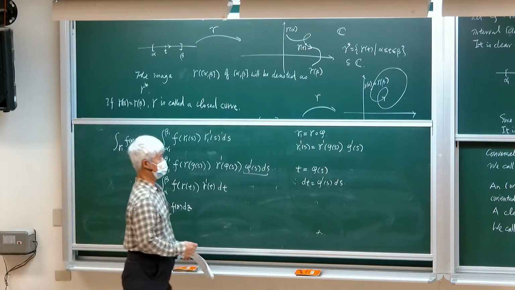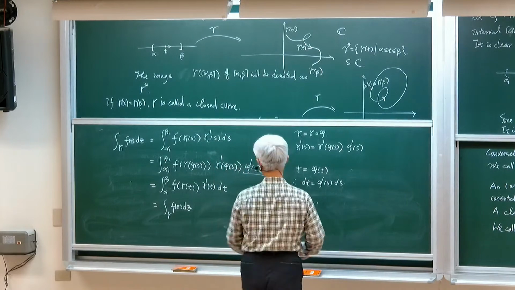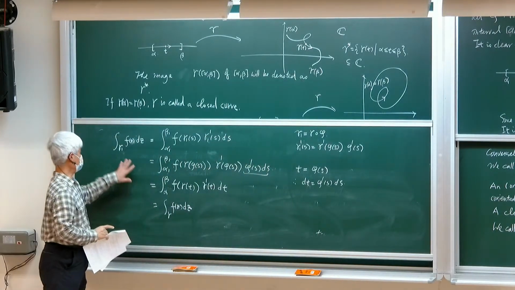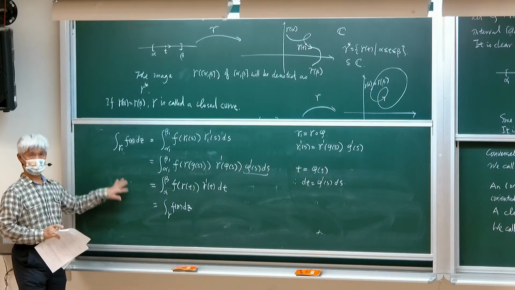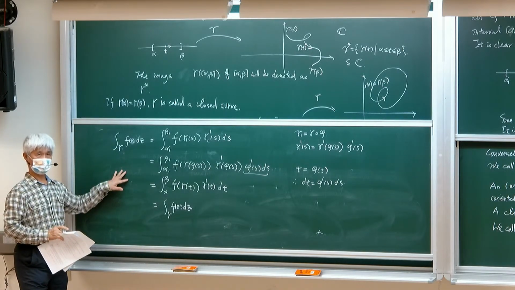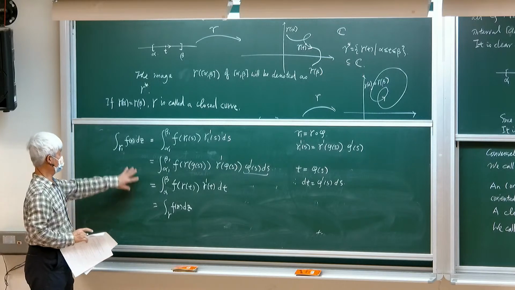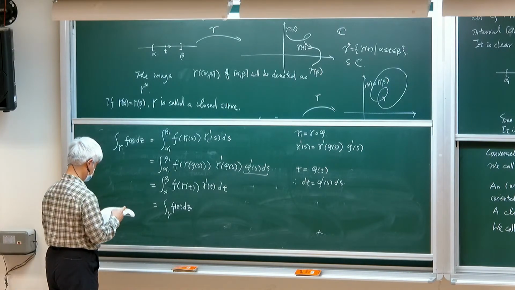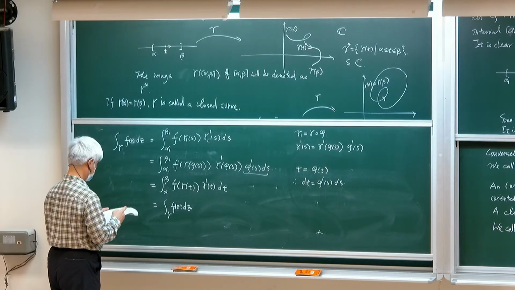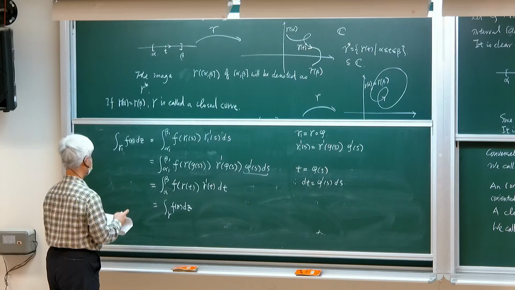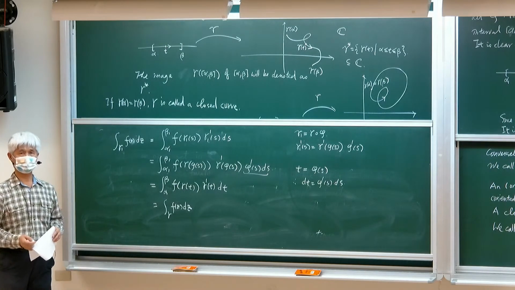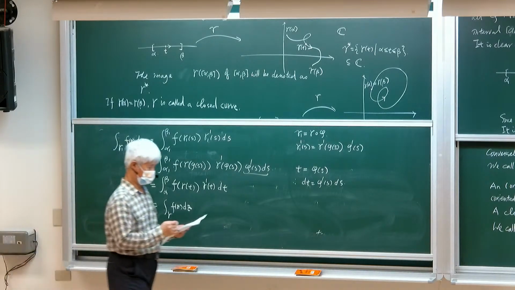So if gamma 1 is equivalent to gamma, then their line integrals will be the same. Any questions?